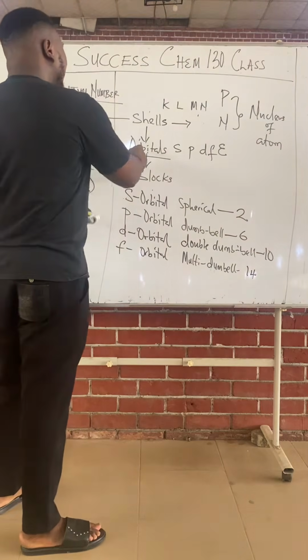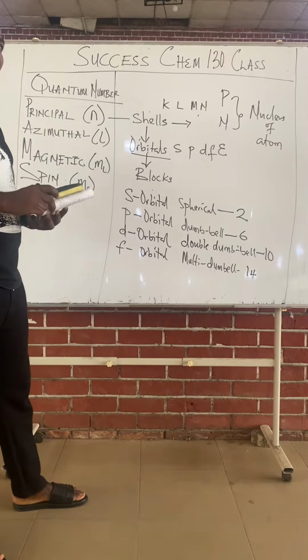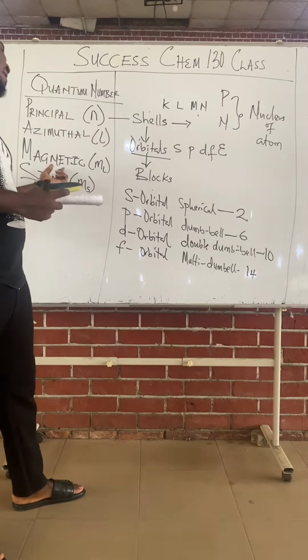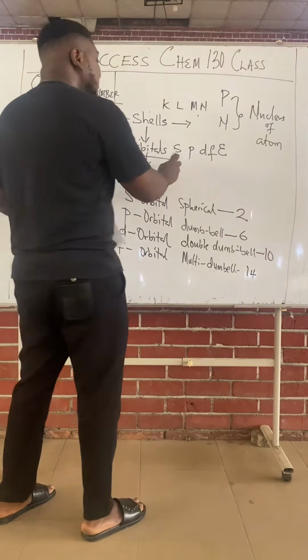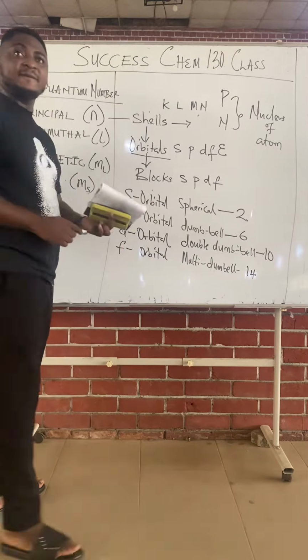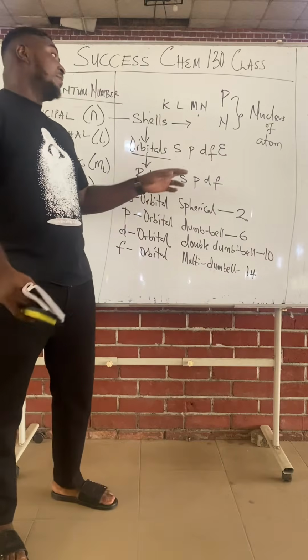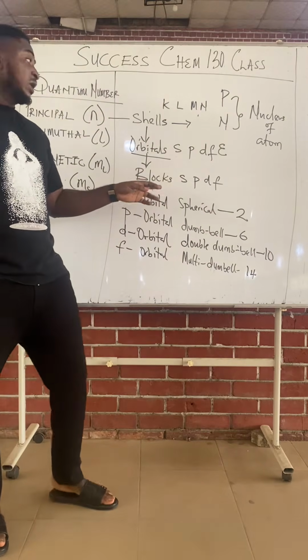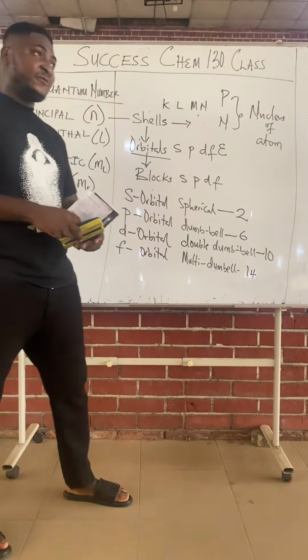So when the electrons are in the orbital level, we are talking about the azimuthal level. Then when the electrons are in the magnetic level, we are now talking about the blocks. So class, from SPDF orbital, we have what we call SPDF blocks. S orbital produces S block, P orbital produces P block, D orbital produces D block, F orbital produces F block.